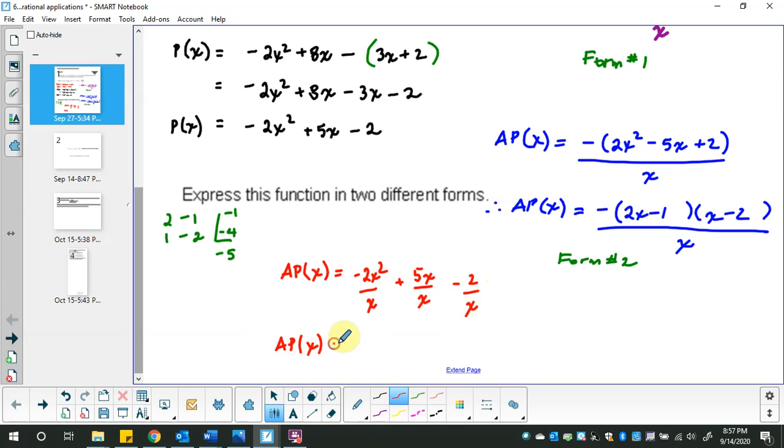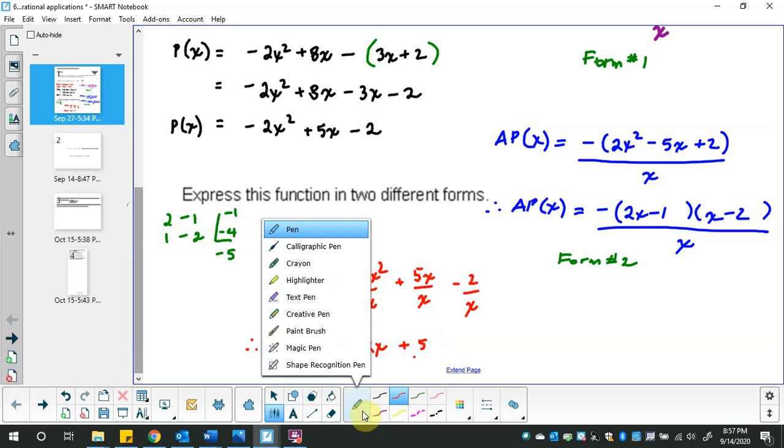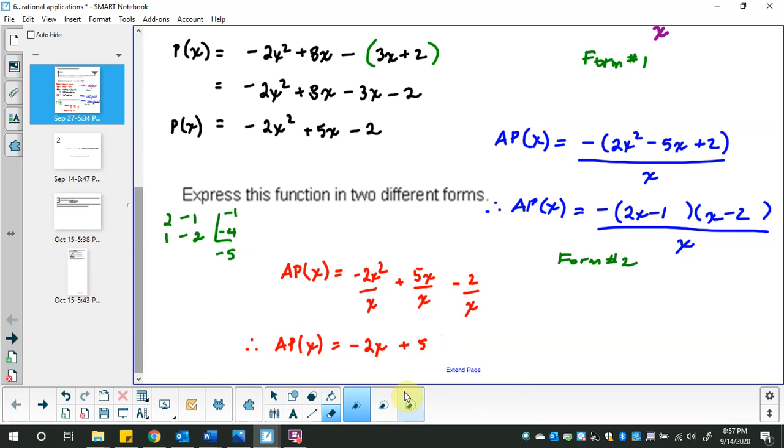So this kind of reminds me of horizontal asymptotes. So negative 2x squared divided by x is negative 2x, plus these x's cancel out. And we can't clean up this last term at all, so I leave it alone. And I'm going to label that form number 3.